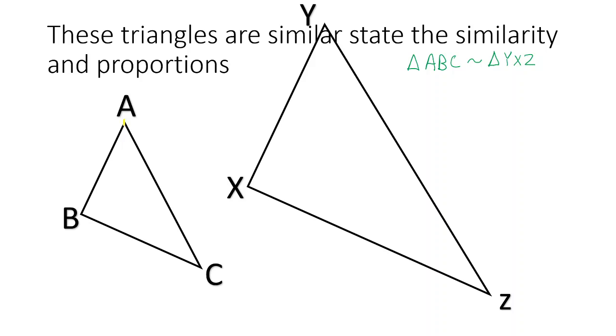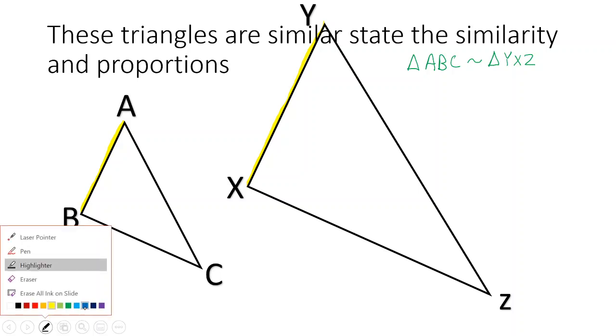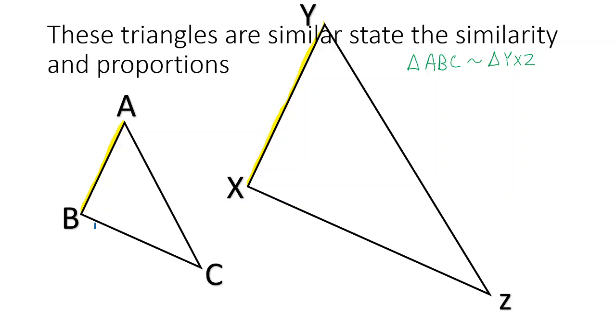Let me be very careful as I say this. I started with A to B, so on the second triangle, I had to start with Y to X. I went in the same order. And then after that, we said A to B to C is similar to Y to X to Z. I made sure that I was using similarity.